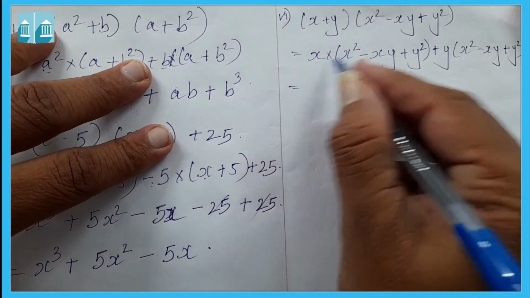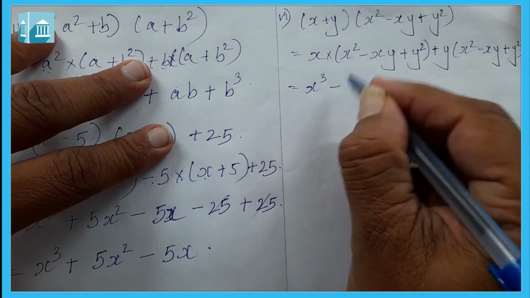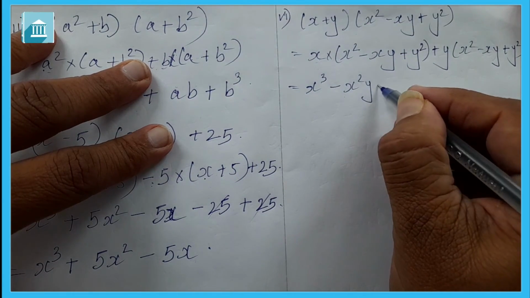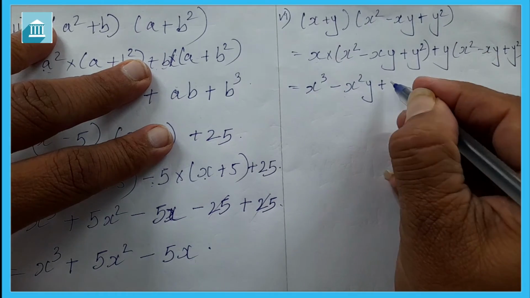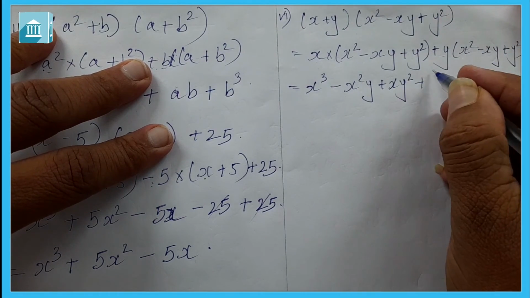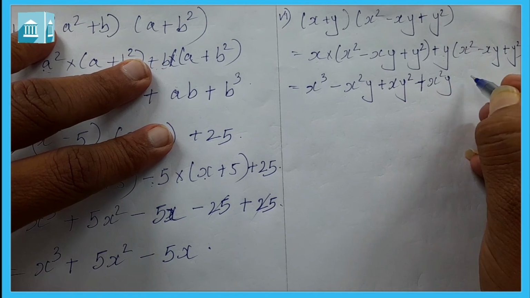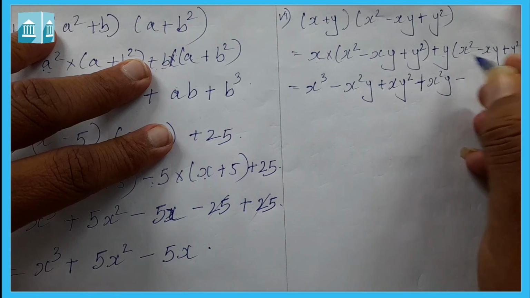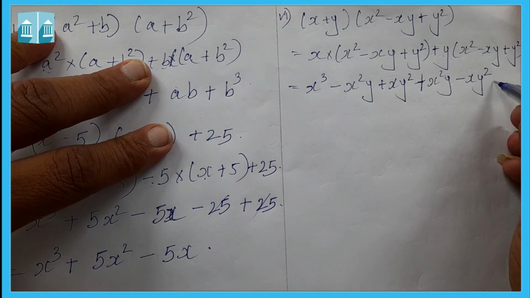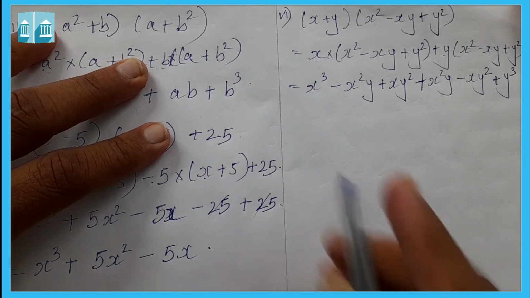Now when we simplify it, x into x square, that is x to the power 3, minus x into xy, so x square y, plus x y square. Again here y into x square, so x square y, minus x y square plus y cube. So after multiplying we will get this.